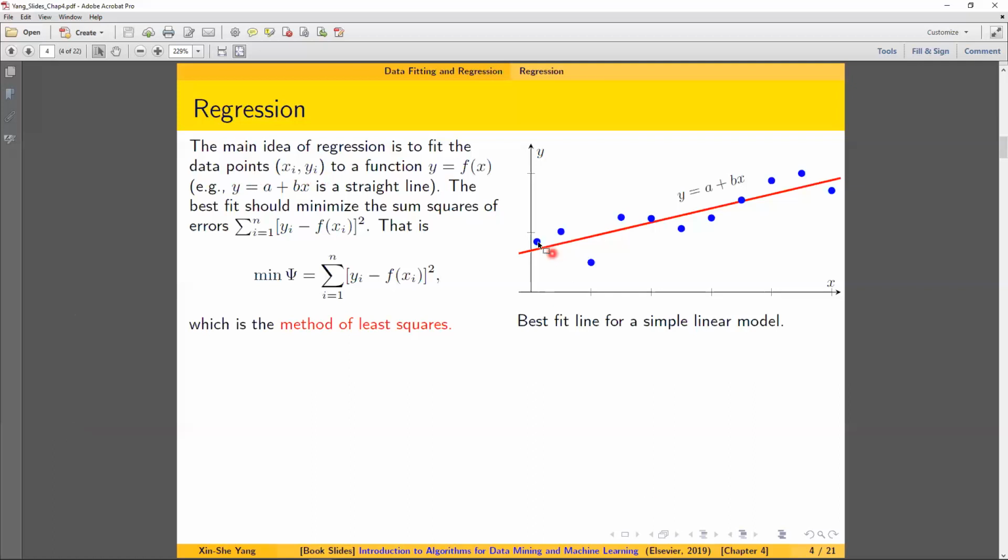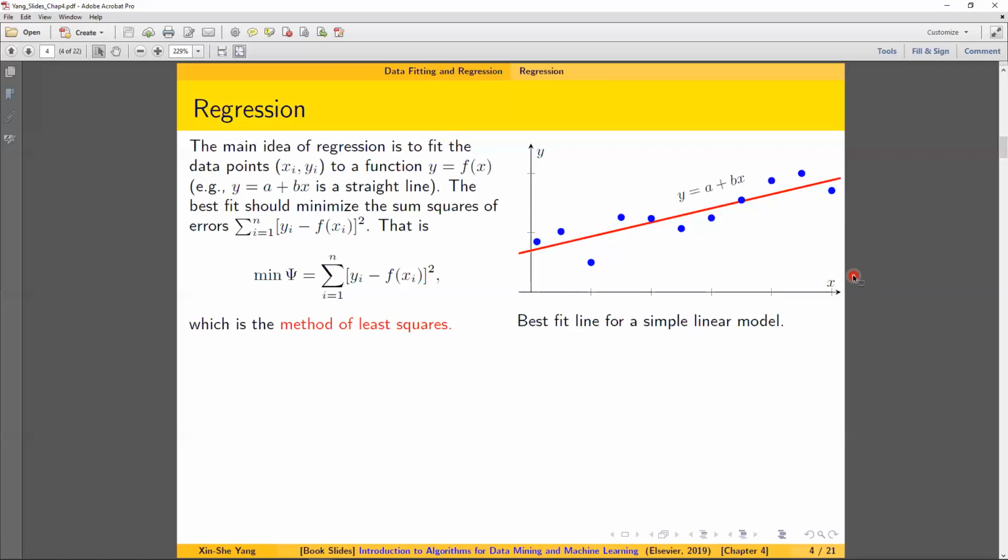For example, this blue point on the chart would have specific xi and yi coordinates. So now we have a bunch of observations represented by these blue dotted observations. Then what we're trying to do is come up with a function y equals f(x). In this particular case, this red line, y equals a plus bx, fits these observations.